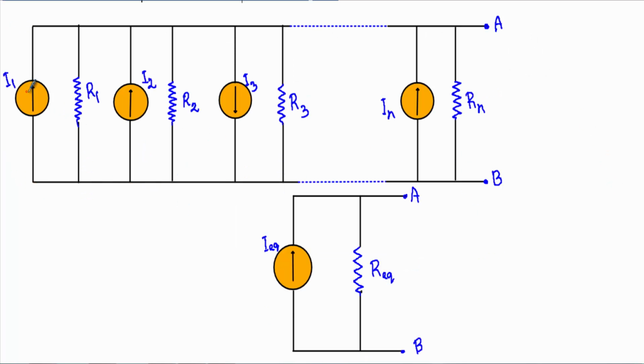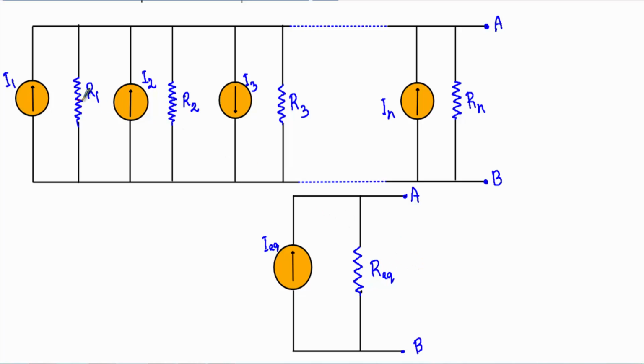Let's say I have a current source I1 in parallel with resistance R1, a current source I2 with resistance R2, a current source in downward direction with resistance R3, a current source In with resistance Rn. The Millman theorem states that we can replace all the current sources with a single current source I equivalent and all these resistances with a single resistance R equivalent.